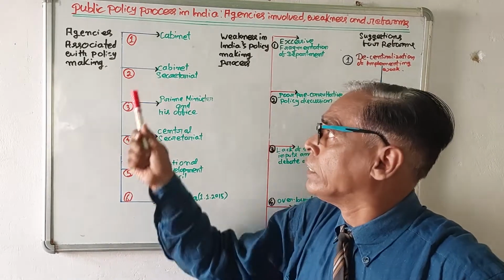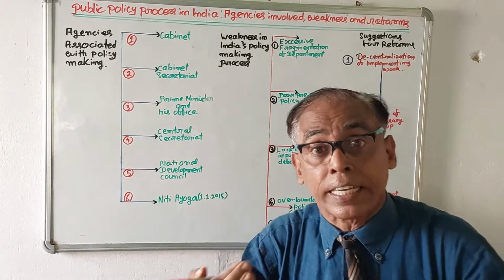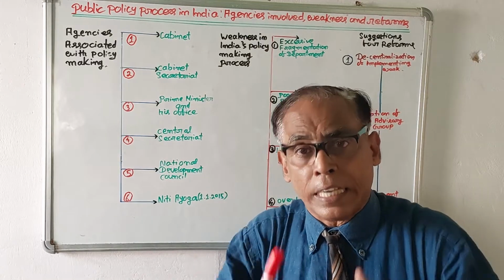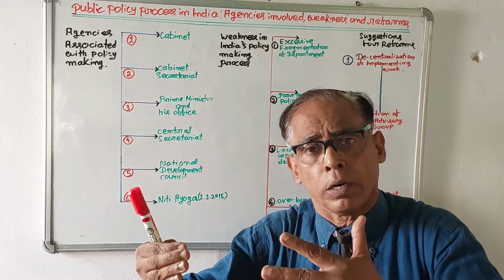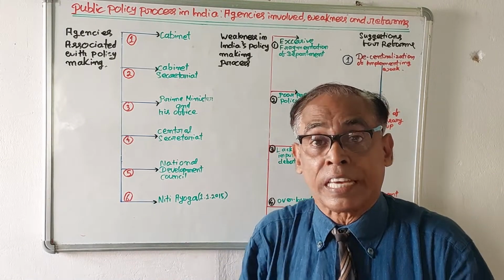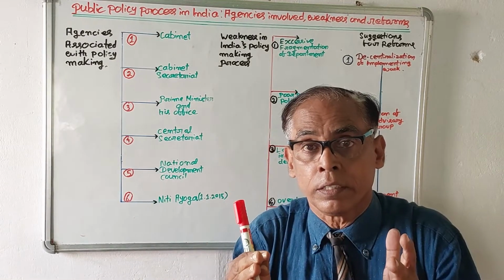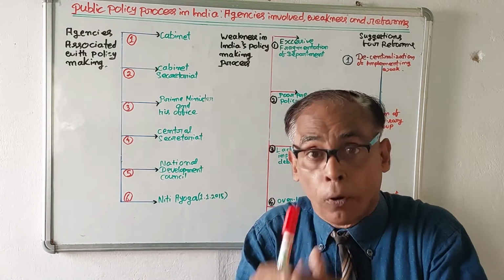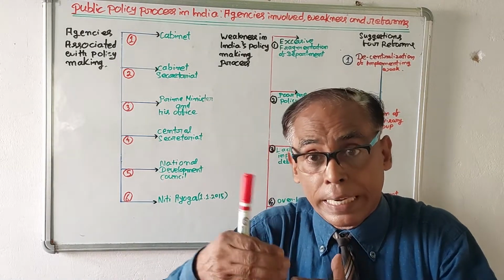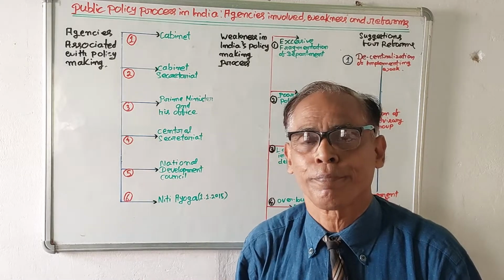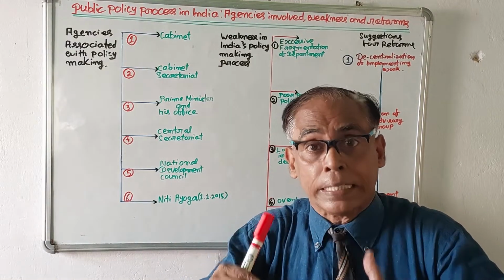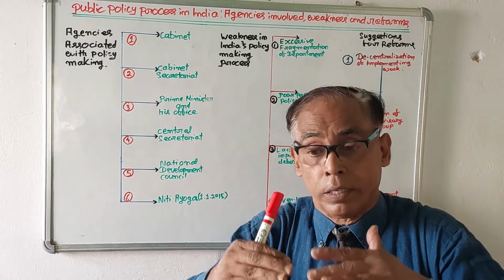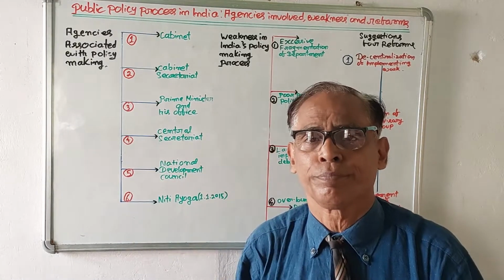Okay, viewers? Come to the second, the Cabinet Secretariat. It is another institution associated with the formulation of public policy. The Cabinet Secretariat is a body attached to the cabinet. It maintains the records of the cabinet.